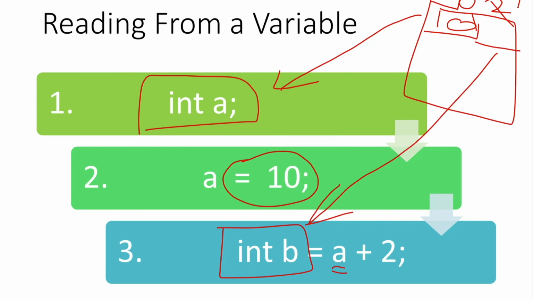It's kind of weird, but that's just how it works. So, in this case, a is linked up with the 0th address of the memory, and then we are retrieving that data, and we're adding it to 2 over here. So in b, we are storing 12.